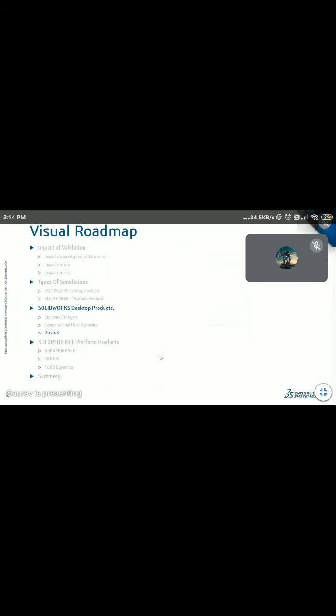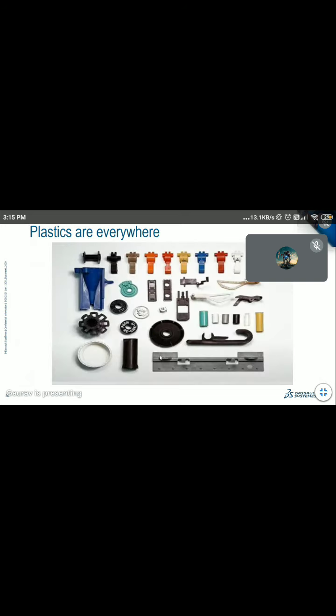Now, lastly, let me come back to the topic about plastics. The mass use of plastic started in the 50s and has steadily grown ever since. Today, more than 300 million tons of plastics are produced annually.